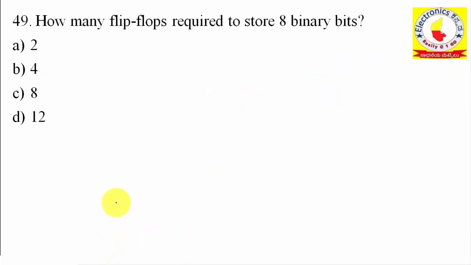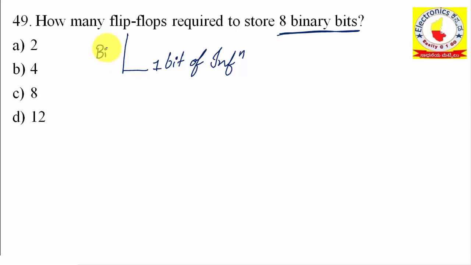49th question: how many flip-flops are used to store 8-bit binary data? We know that a flip-flop can store 1 bit of information. There is Q and Q bar, but Q is my actual data and its complement is in Q bar. So a flip-flop is a bistable element which can store a single bit of information.